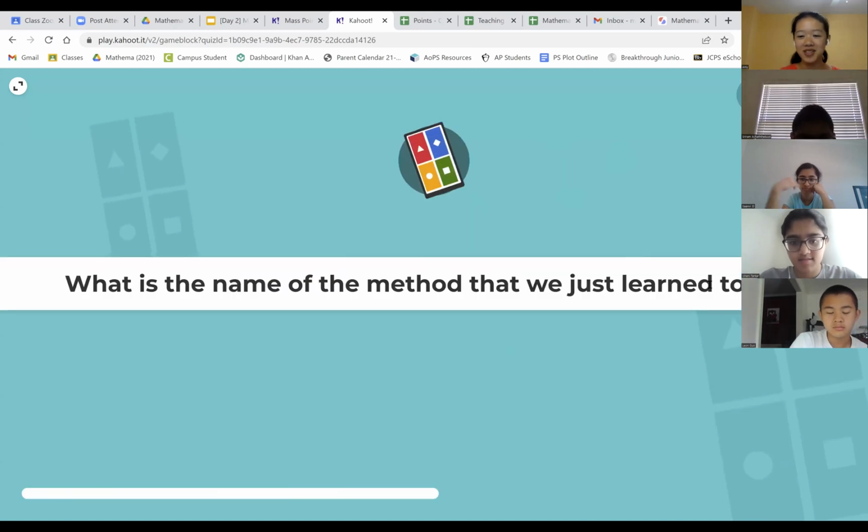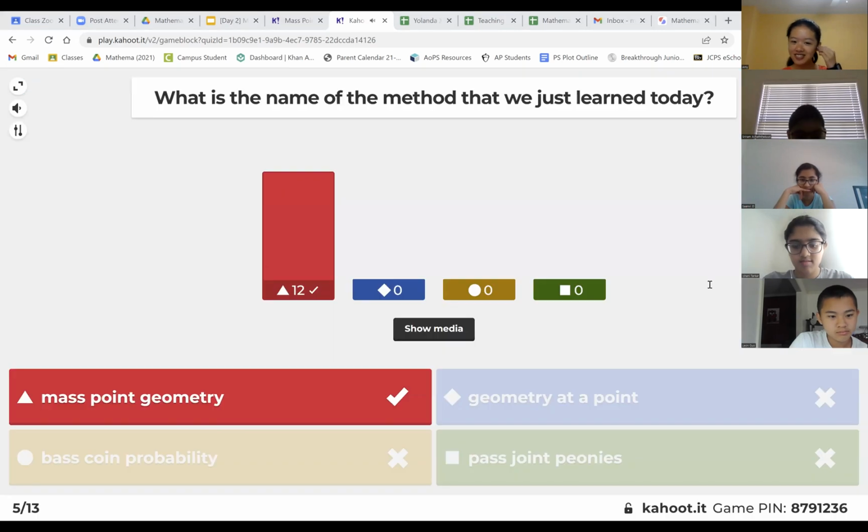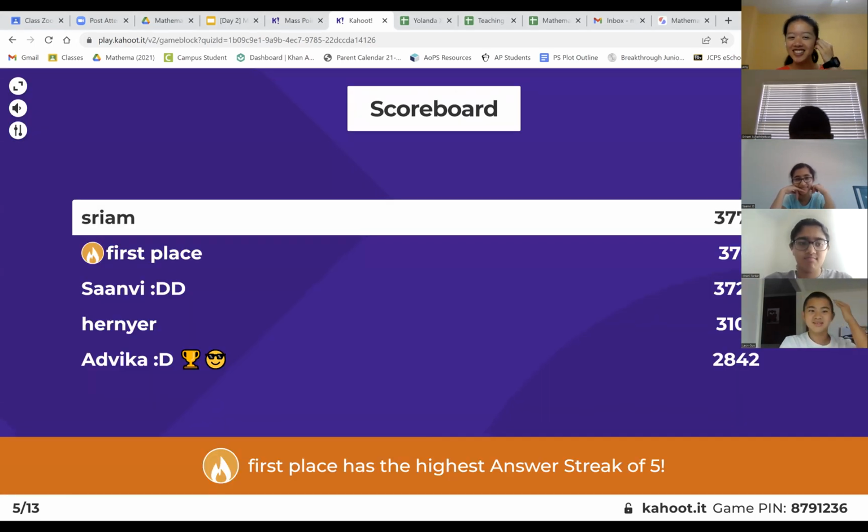What is the name of the method we just learned today? Oh, good. All of you guys got it right. If you didn't get it right, it would be a little sad. Yes, coin probably. Okay, Sriram is still in first place.